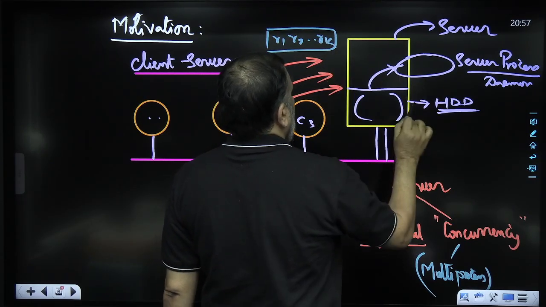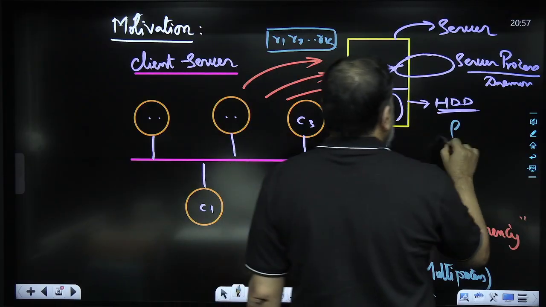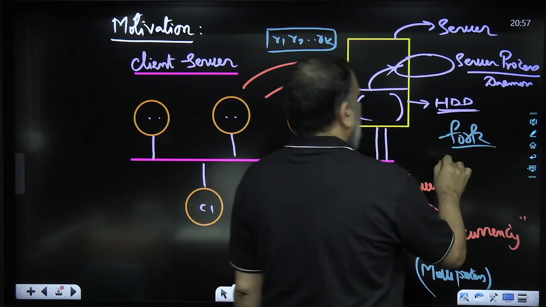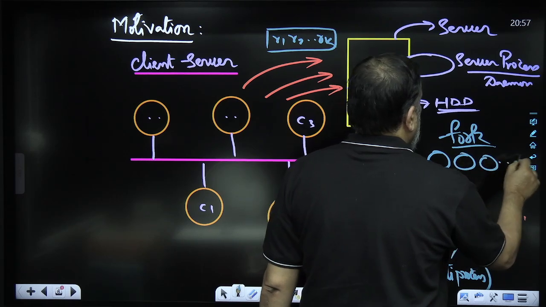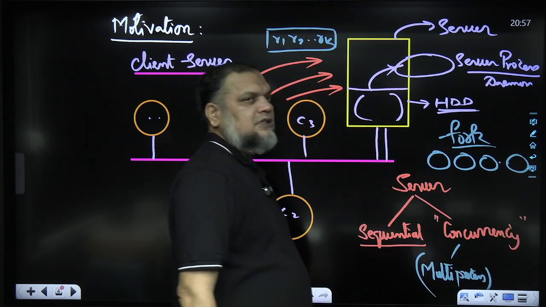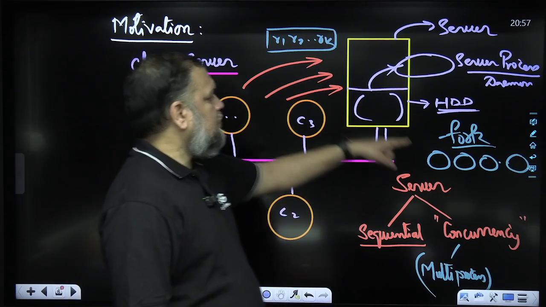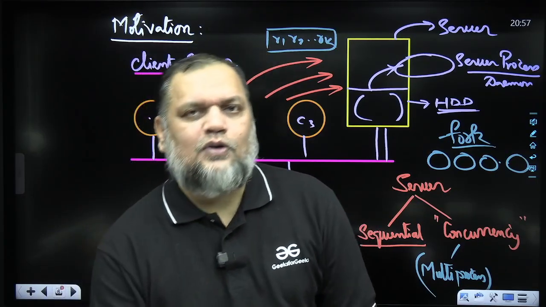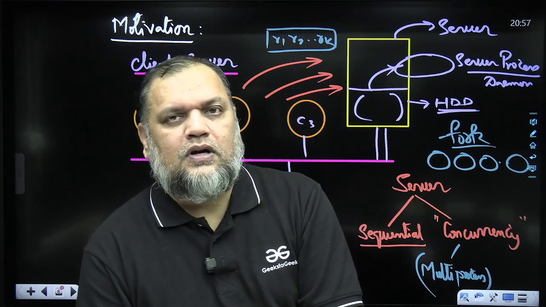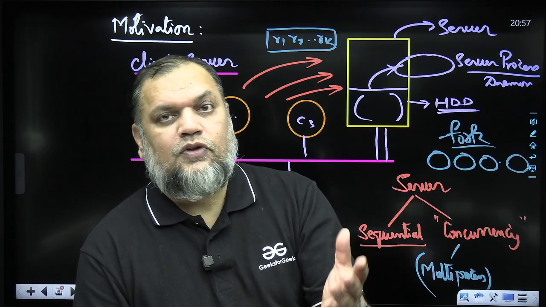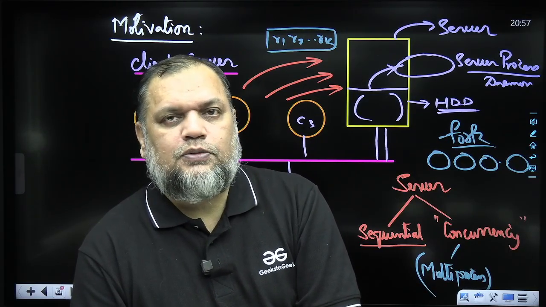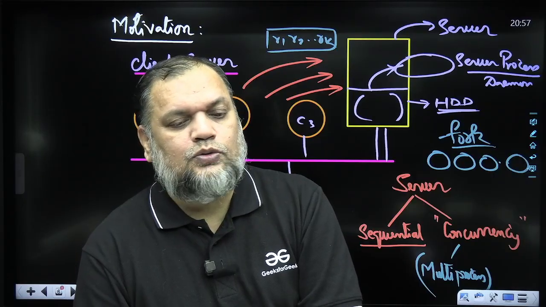So what this server process will do is, using a mechanism like the fork system call, it will create k child processes, and associate each request to each of these child processes. And using a policy like round robin, it will provide a time quantum to all the processes, and thereby it will improve the interactiveness. That's how interactiveness was supposed to be improved by using the multi-process approach.